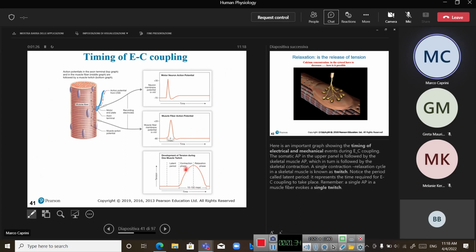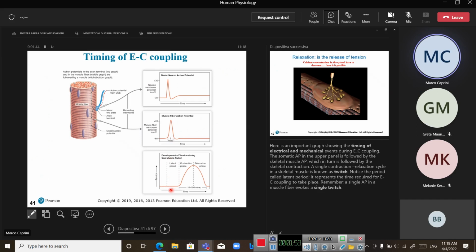It takes place a few milliseconds after the action potential in the muscle. Why? Because the period that is called latent period is necessary in order to contract the muscle.